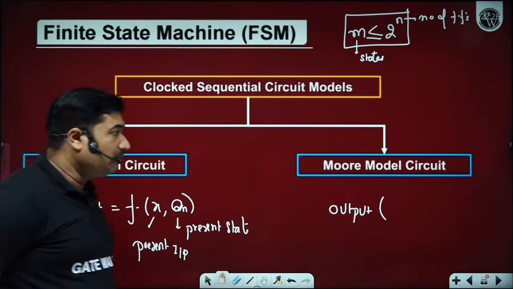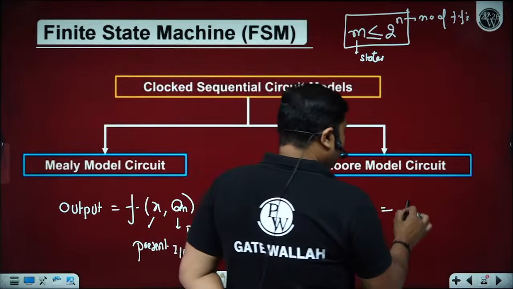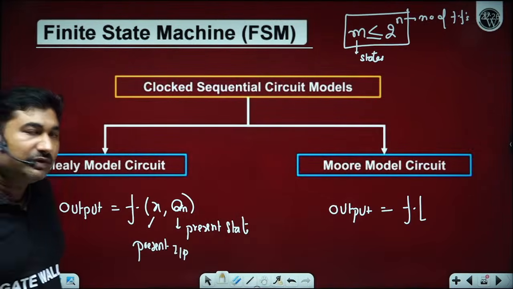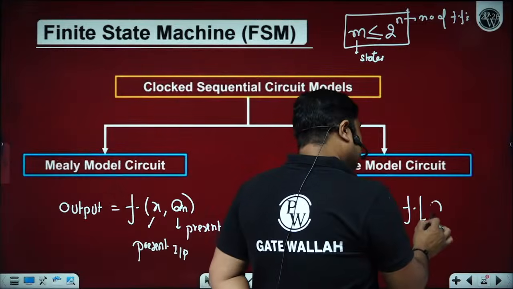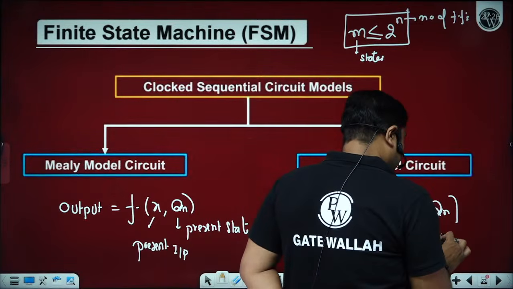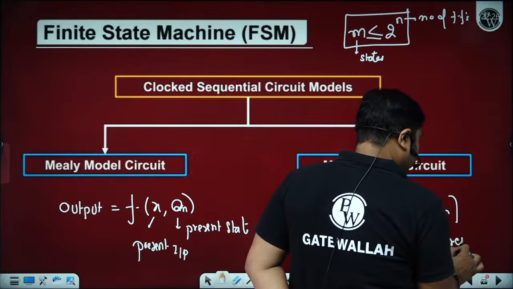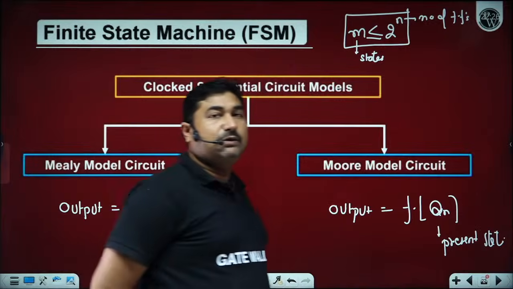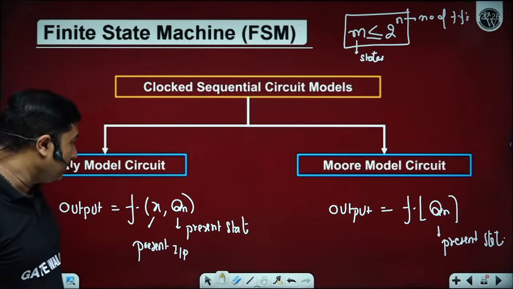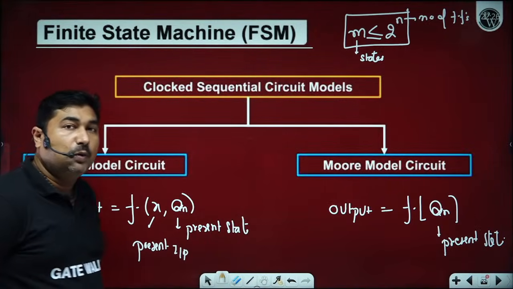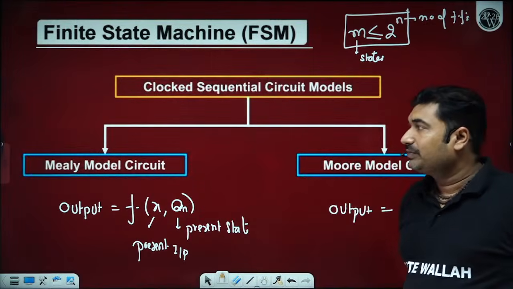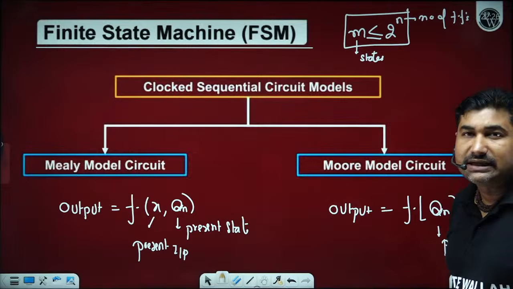However, in the case of a Moore model, output is the function of present state only, where f represents the function. So output is a function of present state only in a Moore model, whereas in a Mealy model, output is a function of present state as well as present input. Is it okay? This is the basic difference.